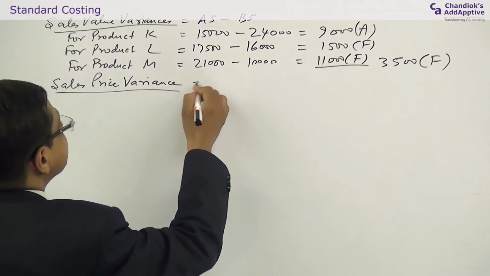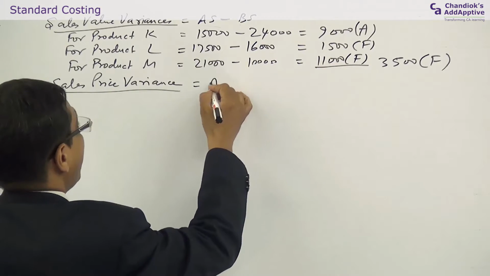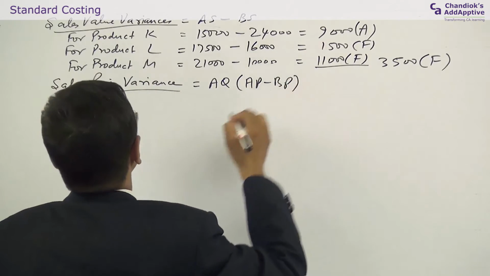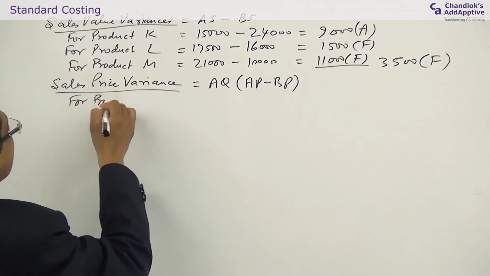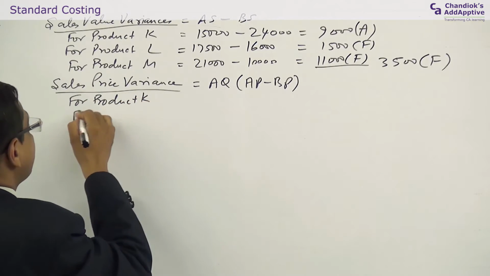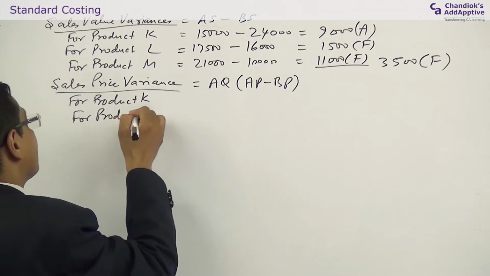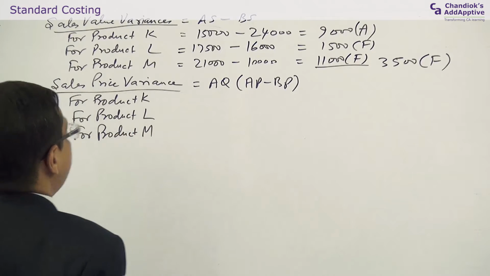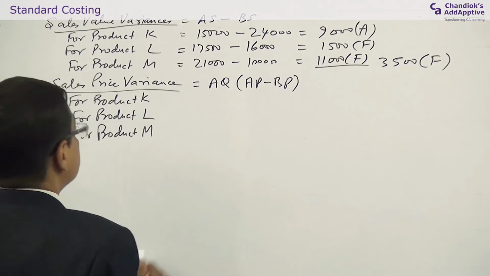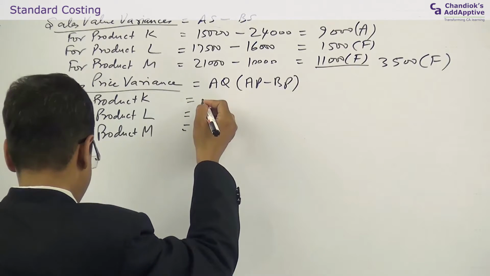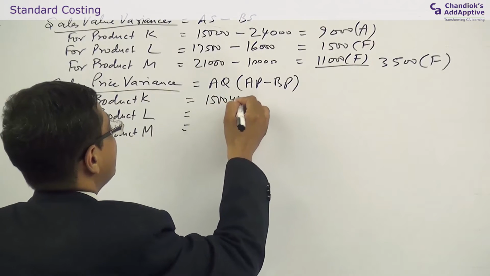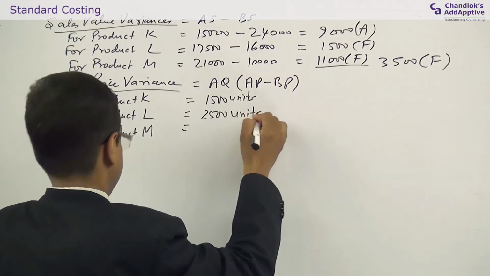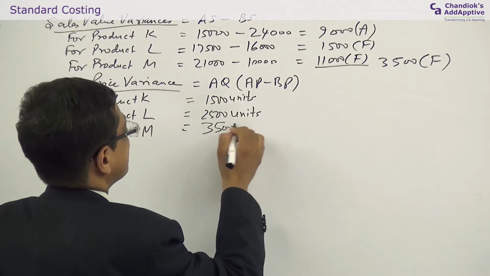This is again actual quantity into actual price minus budgeted price. So, for product K, for product L, for product M. Let us write corresponding units: 1,500 units, 2,500 units, 3,500 units.